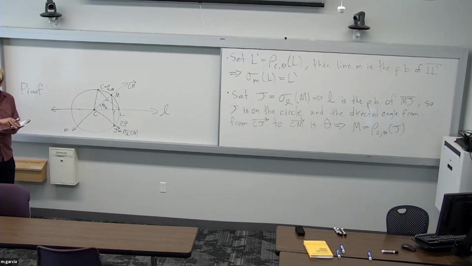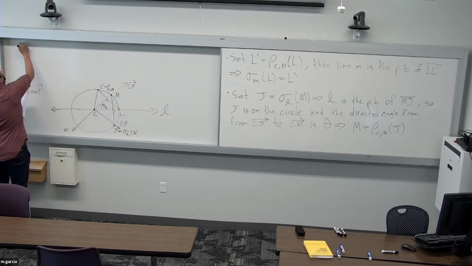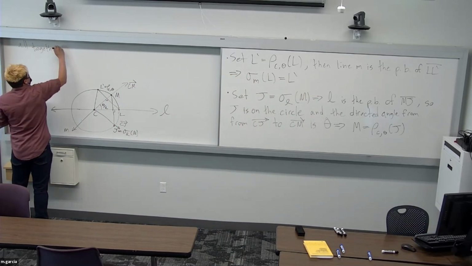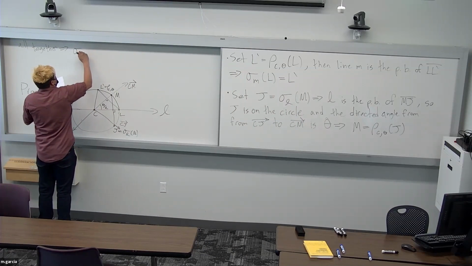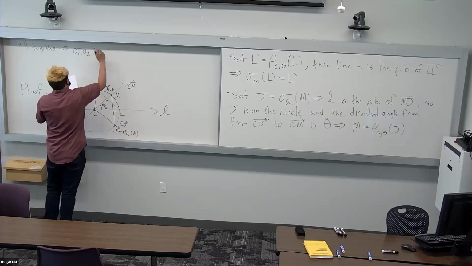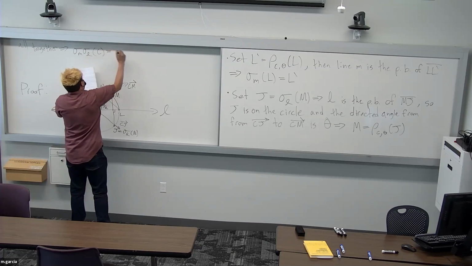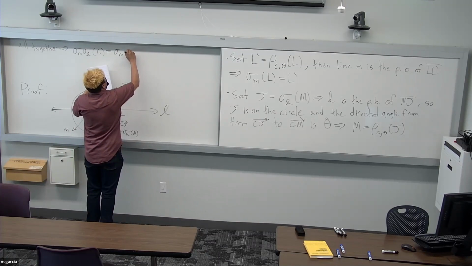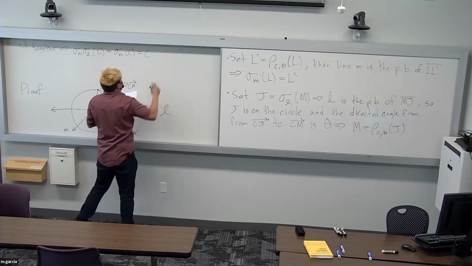So let me just record all together what we've done. All together, this implies sigma M, sigma L of C is equal to sigma M of C is equal to C, right?